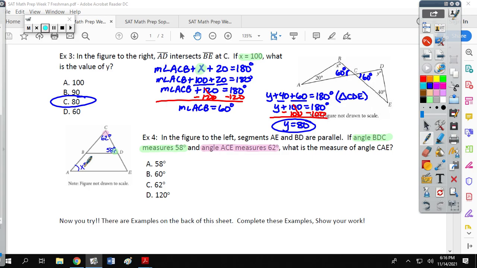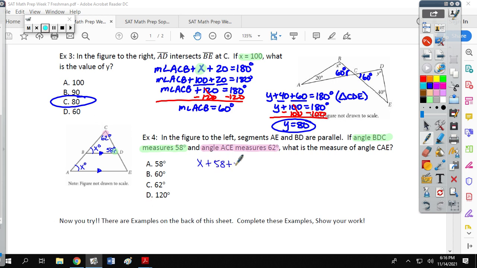So we would start off with the parallel line segments, AE and BD, and we have to recognize that because those are parallel line segments, this angle here is corresponding. Angle DBC is congruent to angle CAE because they are corresponding angles. So these are both x degrees, which allows us to set up the triangle angle sum theorem.